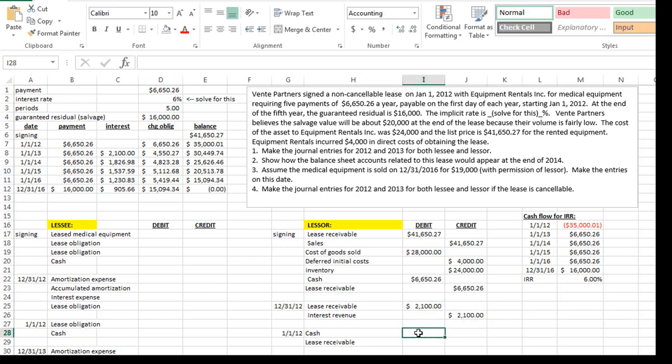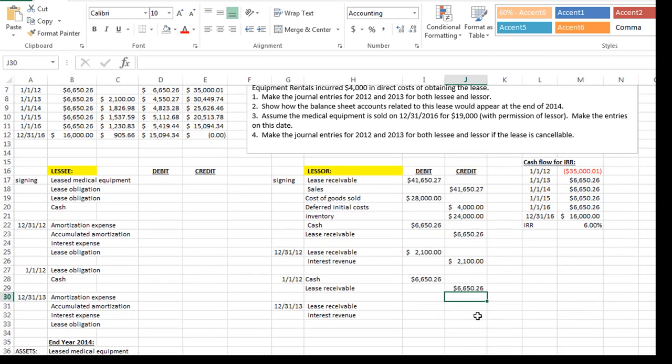Now, when the payment comes in, we can put the whole payment against that lease receivable because we debited the lease receivable here. You could have also done interest receivable here. It would change your entry a little bit here. Either one is okay. So if you like one better than the other, they will both give you the same ending. The net of these two will still give you the same ending receivable, which is correct.